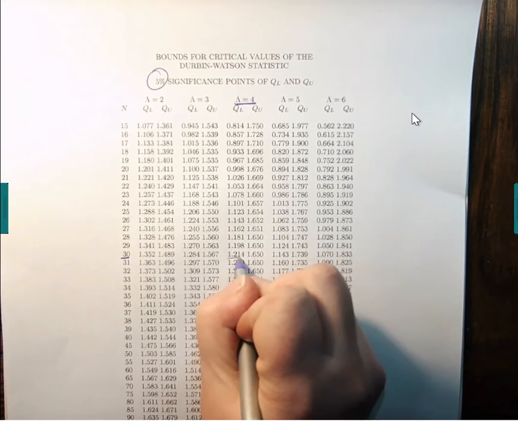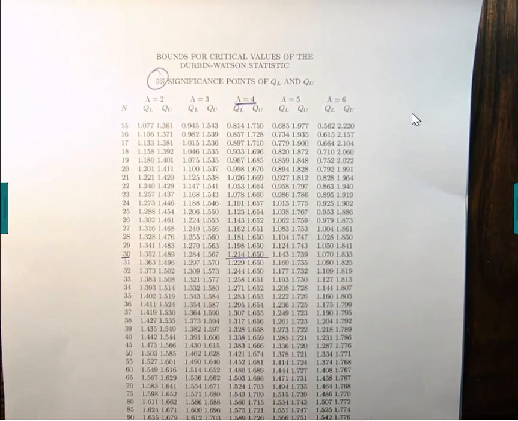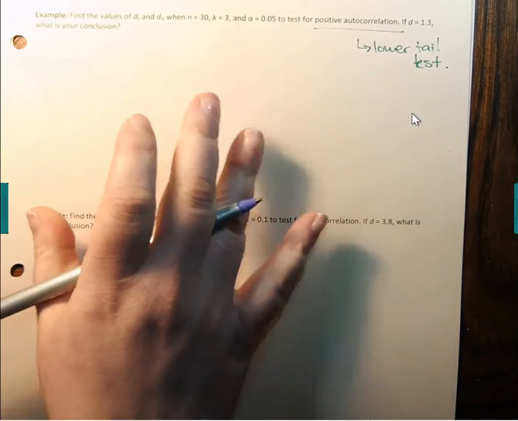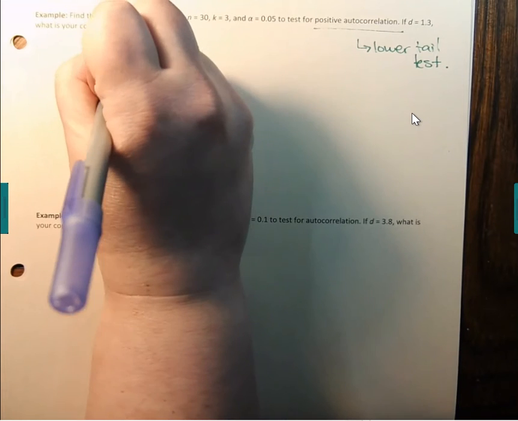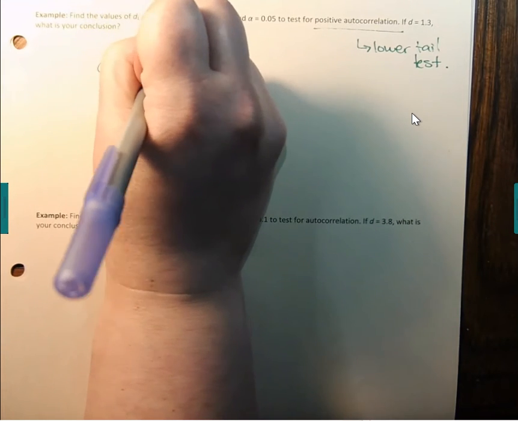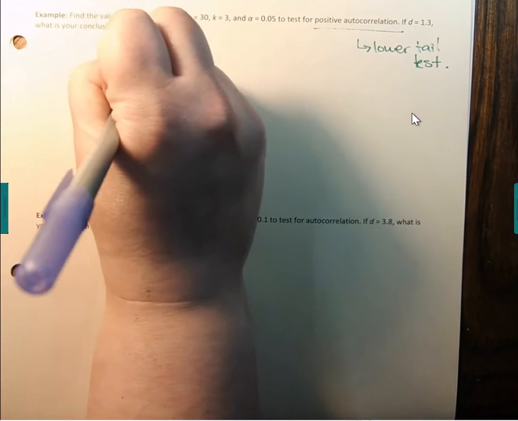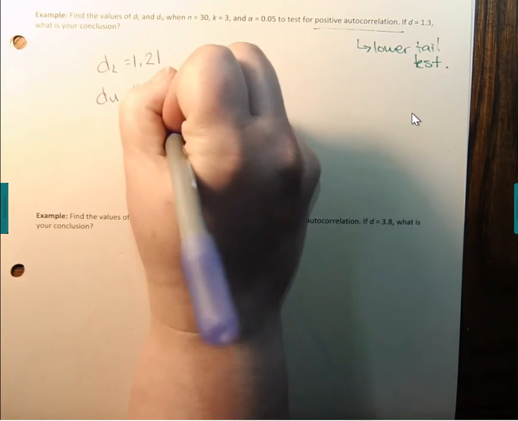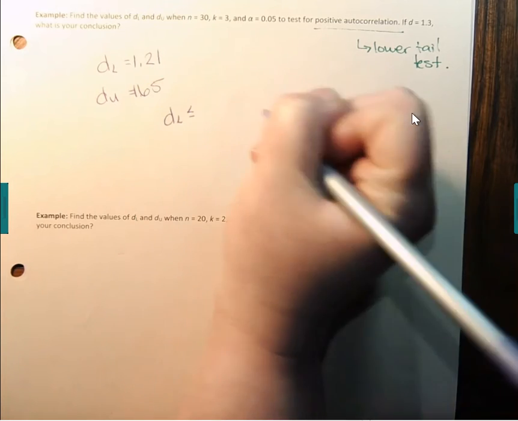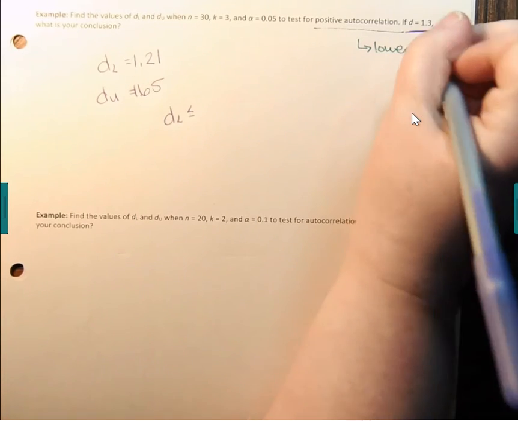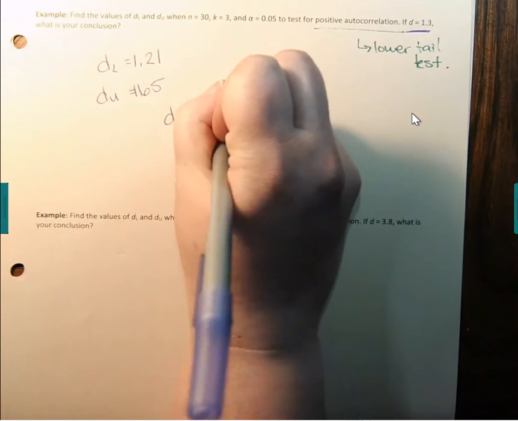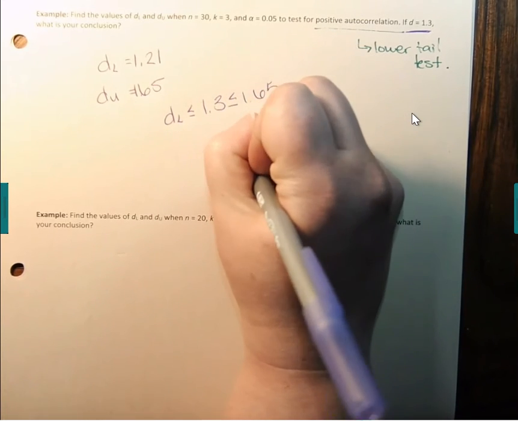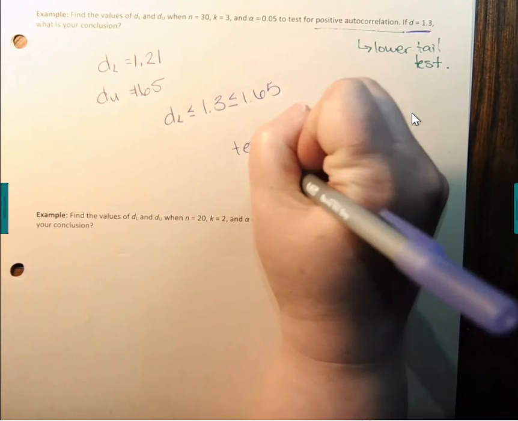So if we see where those match up, that's going to give me my lower and my upper limit. So notice for this example, my lower limit is equal to 1.21, and my upper limit is equal to 1.65. And then further, notice that our D, or our test statistic we found, 1.3, sits in between the two. So in this case, the test is inconclusive.